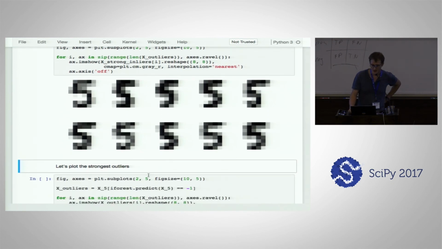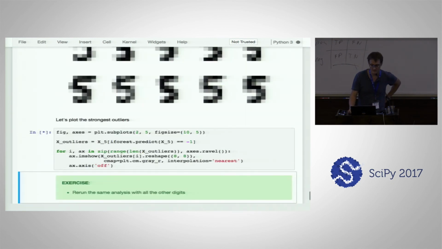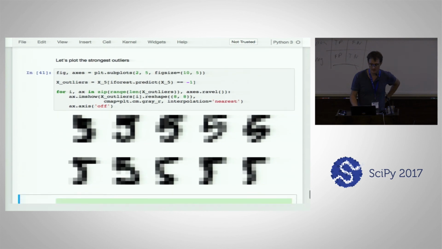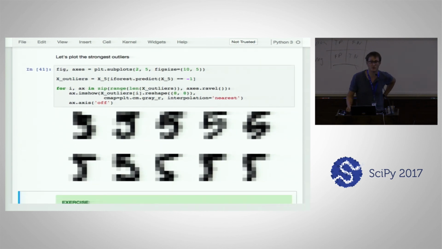Now I can do the same thing with my outliers. And here are the 5 that look weird. And at least if you are experts in 5 like I am, you agree with me. They are weird. So it's magic. It's machine learning. It's amazing. And we found the bad 5s.